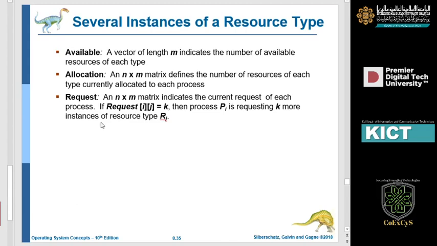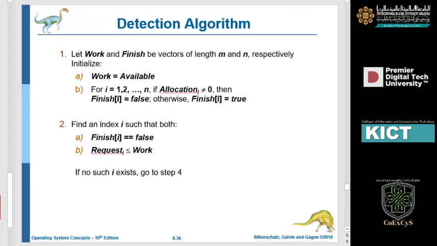Okay, so let's look at this again, on how to have a detection algorithm besides the resource allocation graph. Here we define a vector for what's available, the work that needs to be done, and whether the work is finished or not. So in this case, if we have enough resources, we can do the work and we finish.